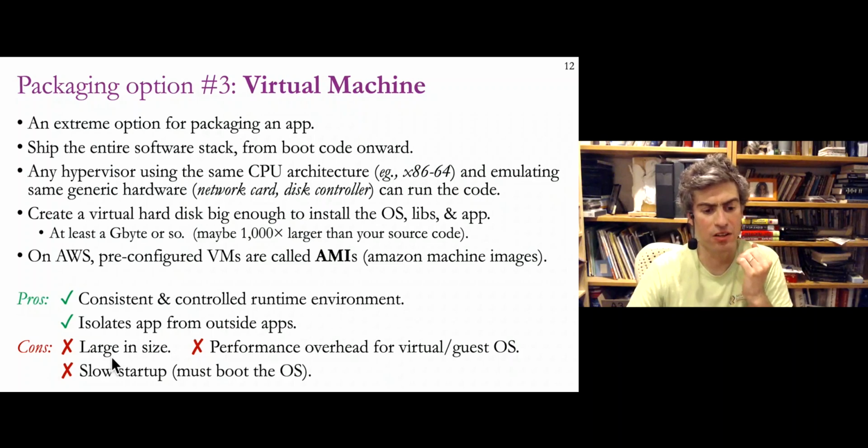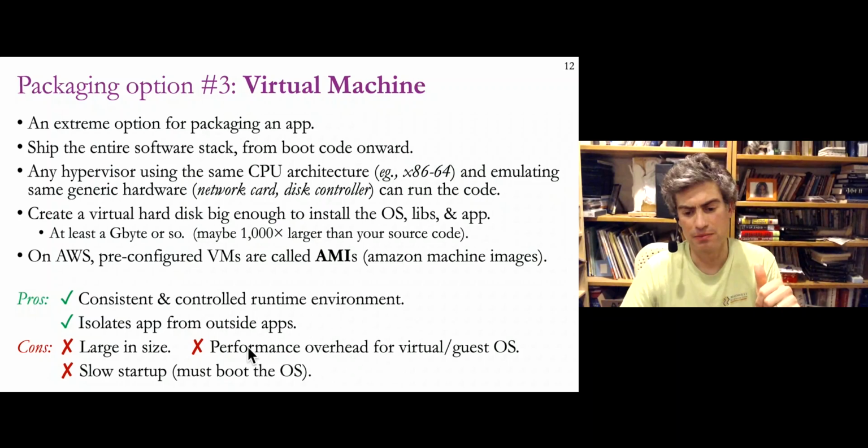But the cons are that it's large in size. There's some performance overhead for running your app on top of an operating system that is running on top of a virtual machine monitor. A little bit, I guess that's not really a lot of performance overhead, so I'm not sure that's a big deal.